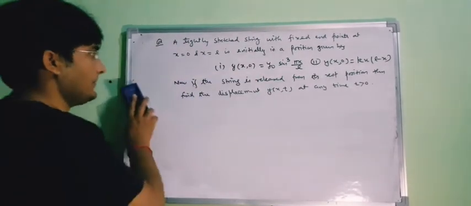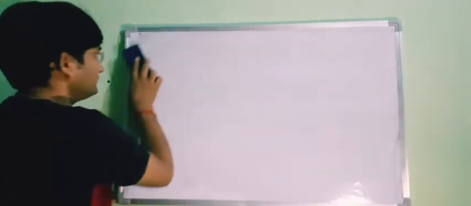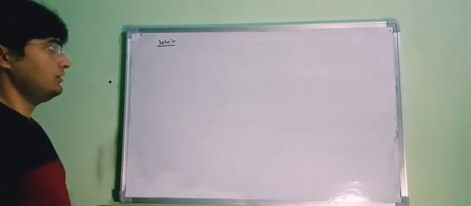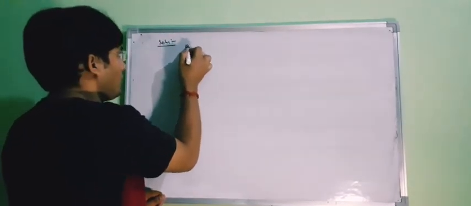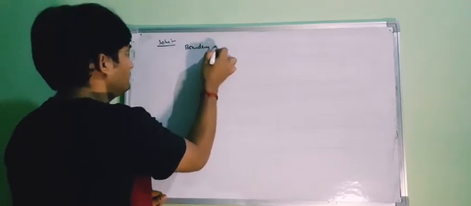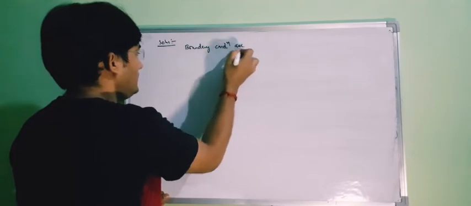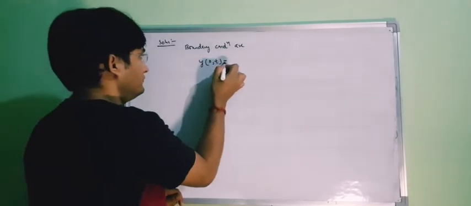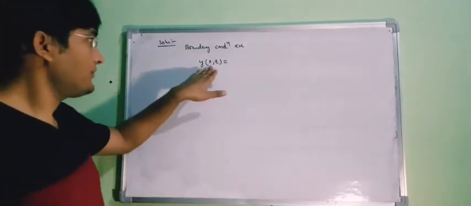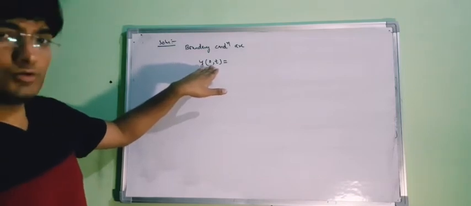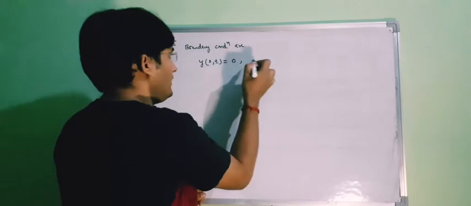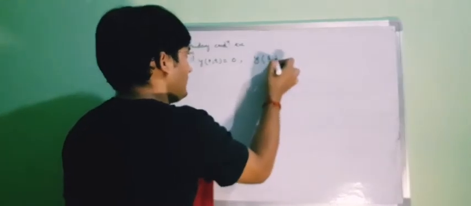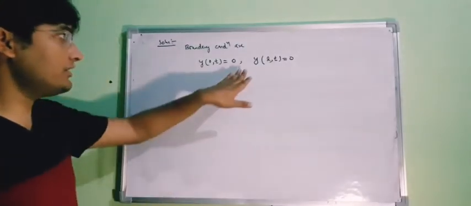So the solution of the problem, our initial conditions, our boundary conditions are: initially when the length of the string is 0, then your displacement will be 0, and when your length is L, that means at O and at point B, again your vertical displacement will be 0.